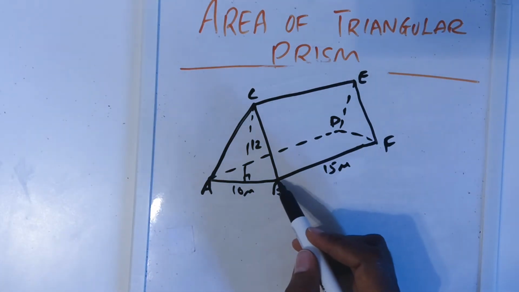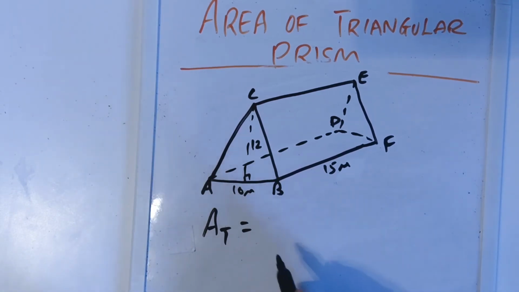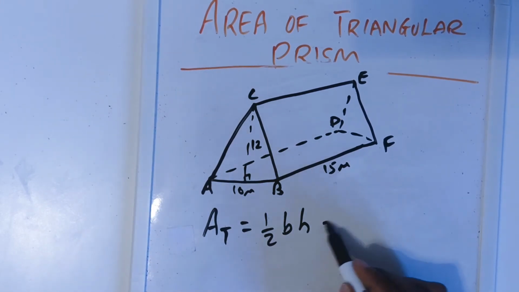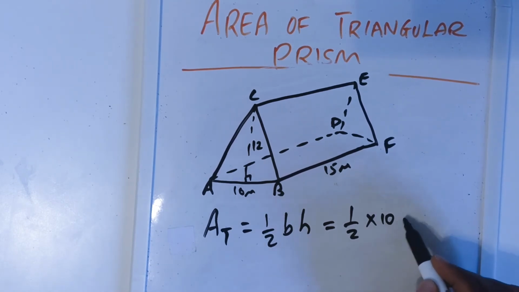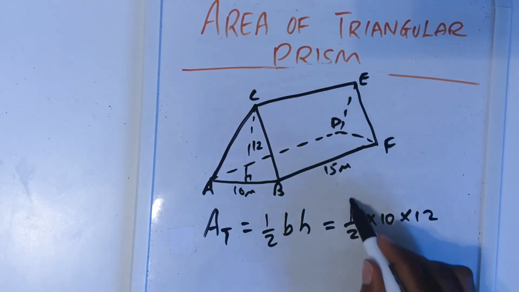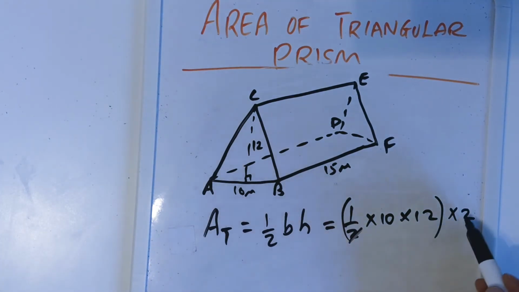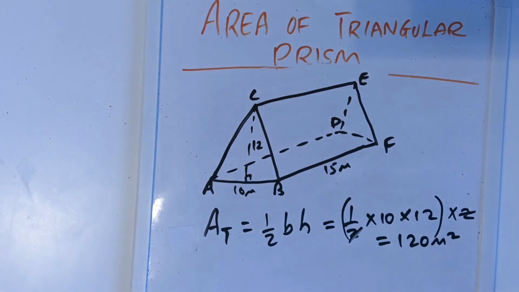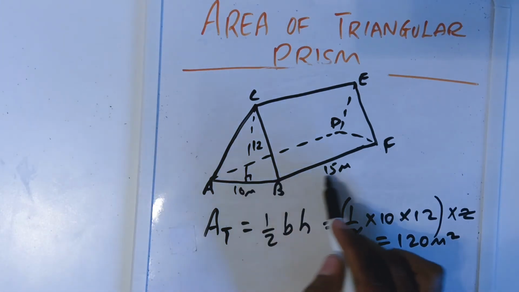In order to find the area of the triangle, we use a half base times height, which gives me a half multiplied by the base, which is 10 meters, times the height, which is 12. But because there are two triangles, you have to multiply by 2. So this gives me 120 meters squared. I have the area of the two triangles. What is left is the area of the three rectangles.